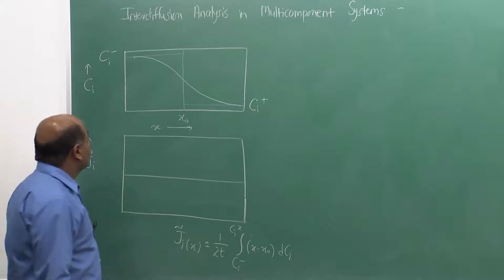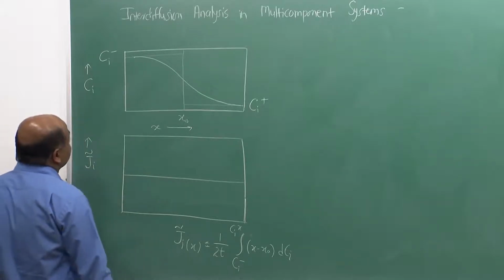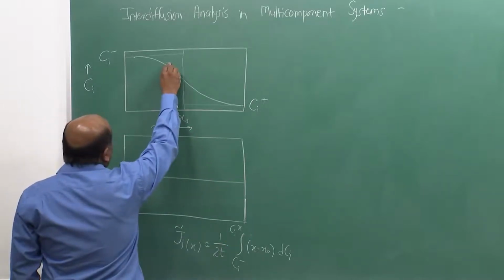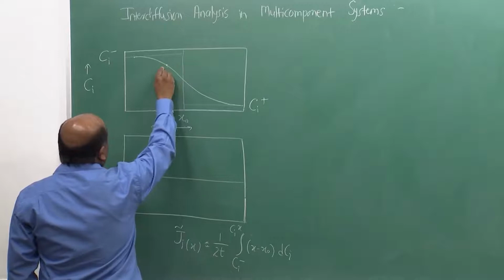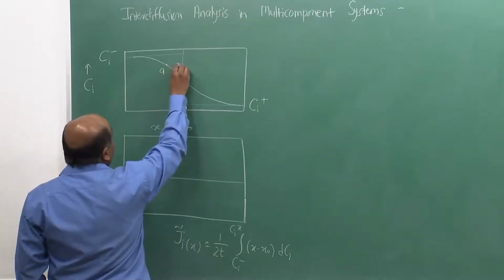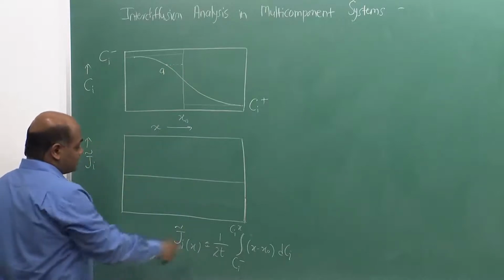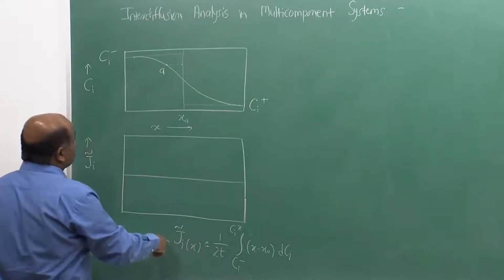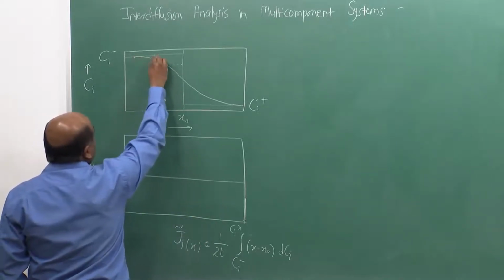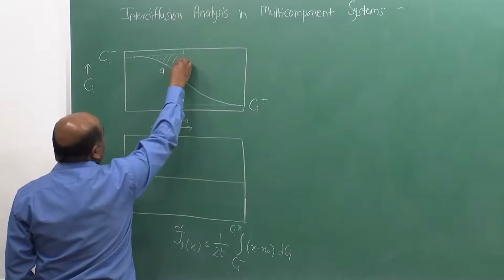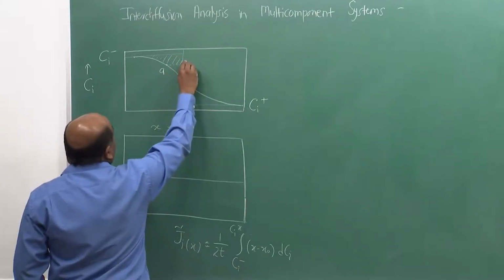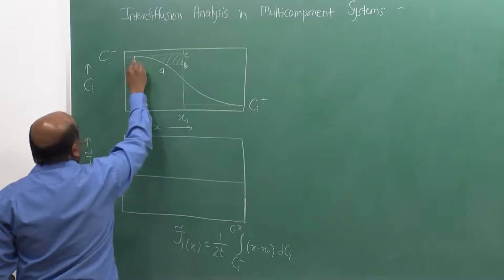So, if we consider any location, let us say A here, this flux will be 1 over 2t times the area under the curve. So, this will be the area that we need to determine. Let us call this area A, B, C, D here.